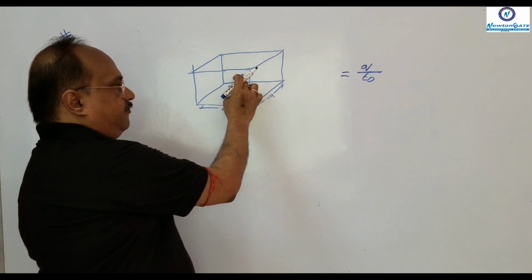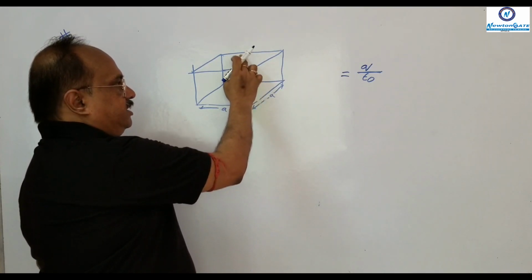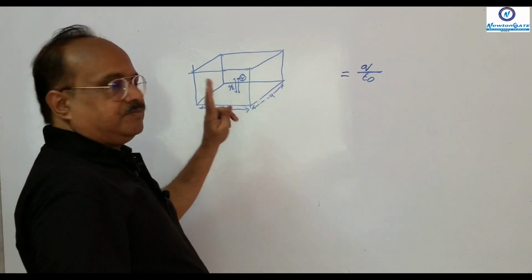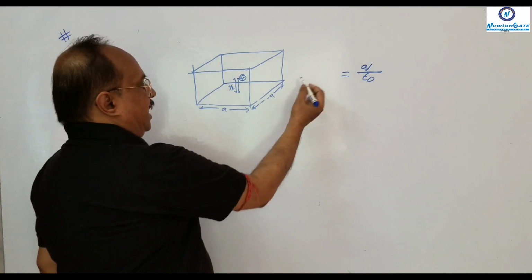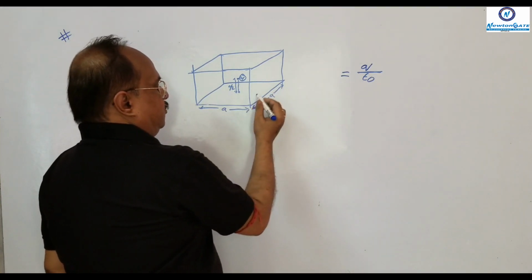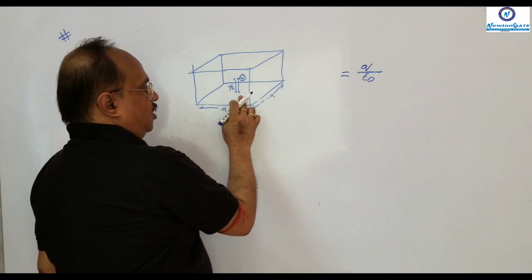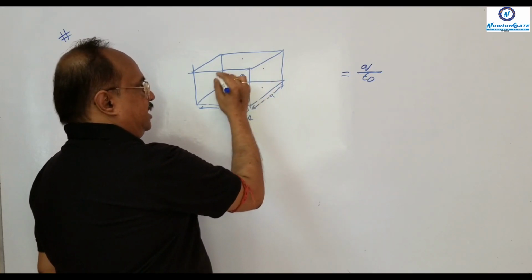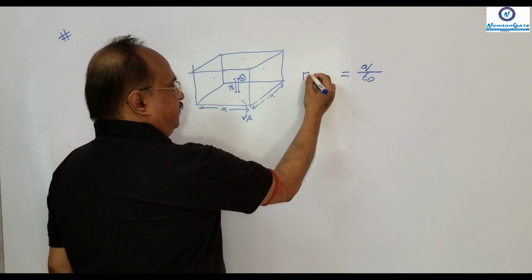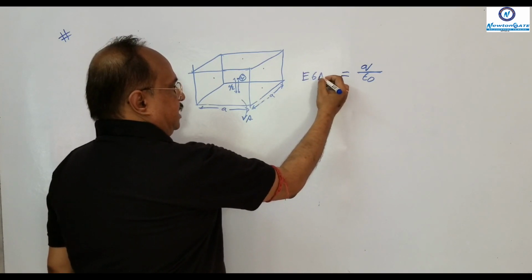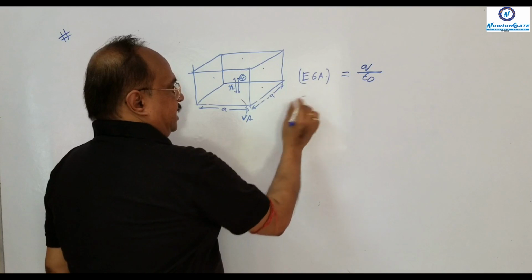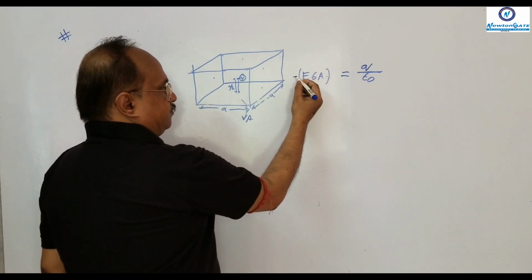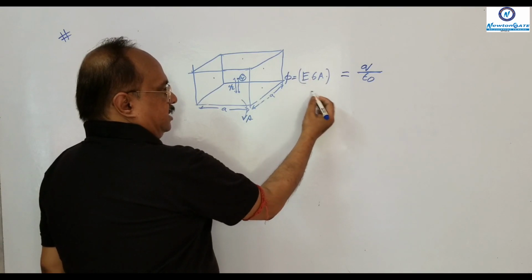That means the flux coming out from this face, this face, this face, and all the others is the same. If the area of each face is A square, then the electric field into 6 times A square is the total flux that comes out.